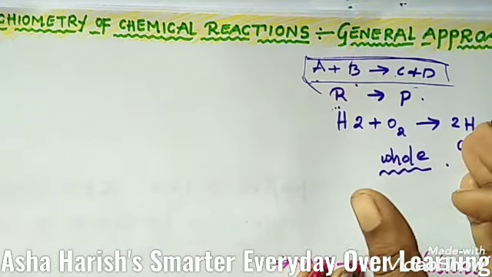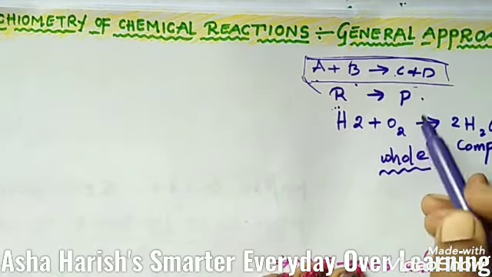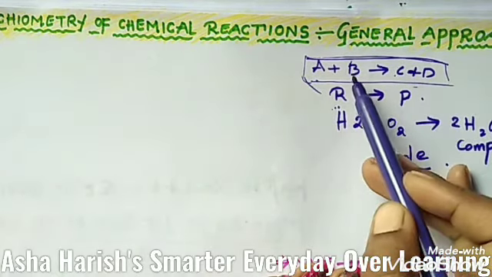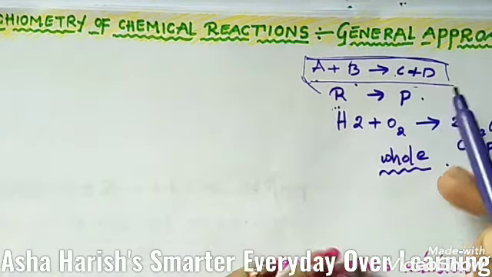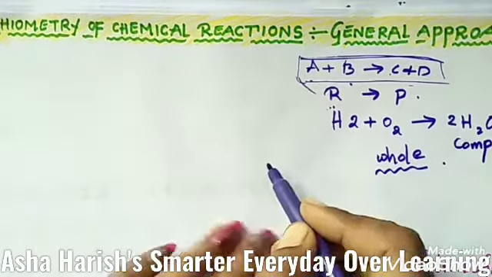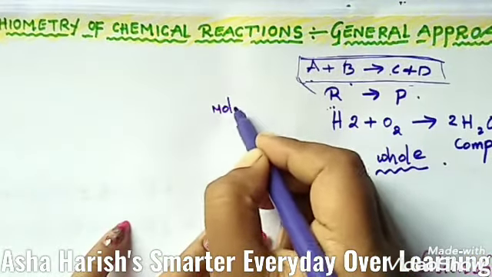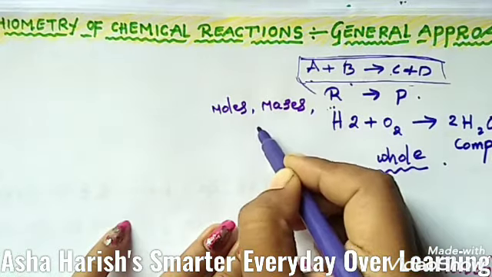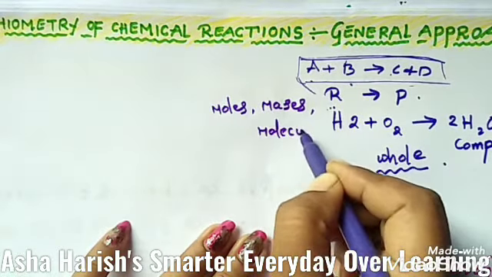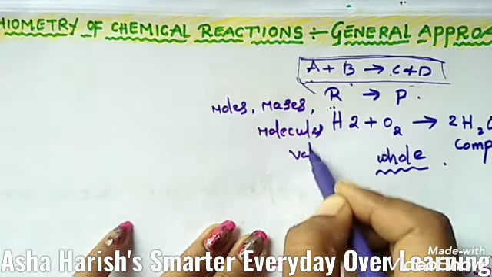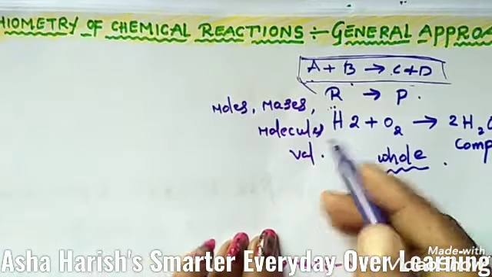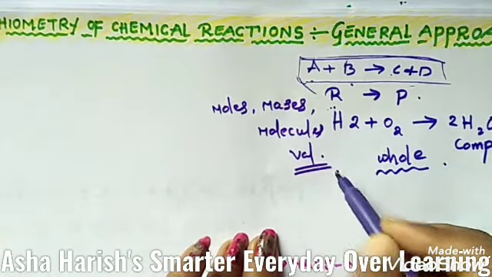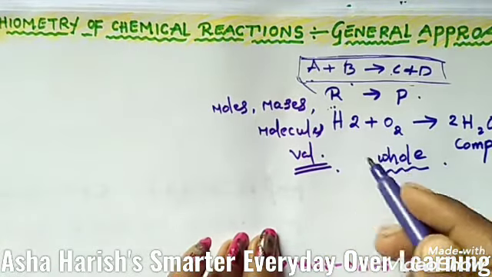That balanced equation form gives a quantitative relationship between the various reactants and the products in terms of moles and masses and molecules and volumes. This is called stoichiometry. Okay, once again I'm repeating, students.